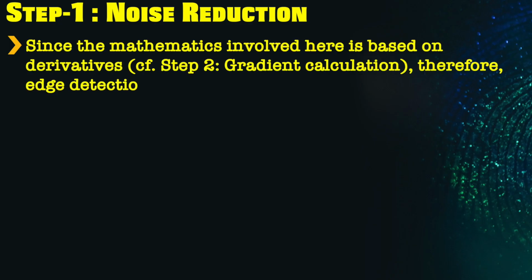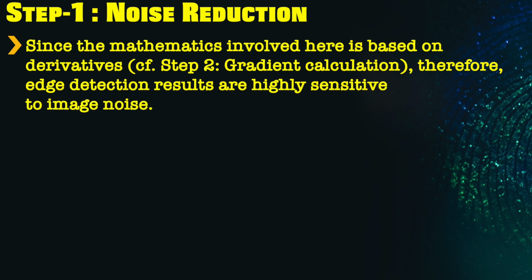For reducing the noise we need a noise reduction filter. Since the mathematics used here requires derivatives, like gradient calculation, edge detection results are highly sensitive to noise, because if noise is there on the edge then the result will be different.